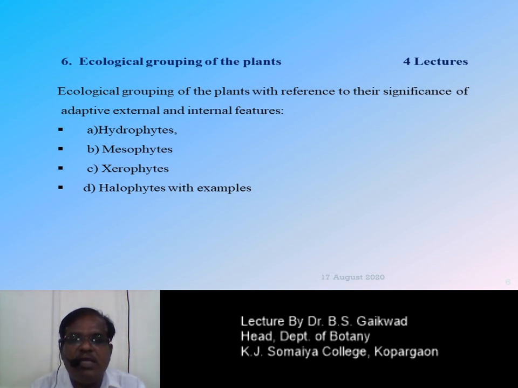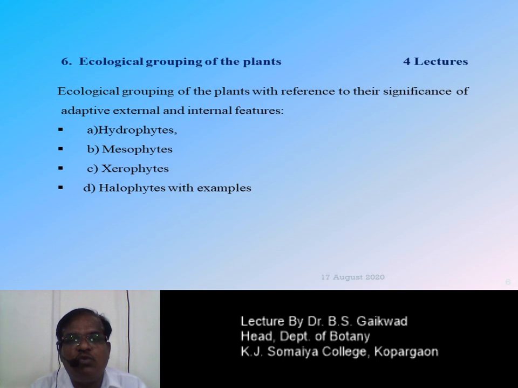A well known example of this hydrophyte is Hydrilla. What are the adaptive characters? The mechanical tissue again is poorly developed, and leaves are very small, so they are not spoiled or destroyed. So very small leaves are there in submerged hydrophytes.